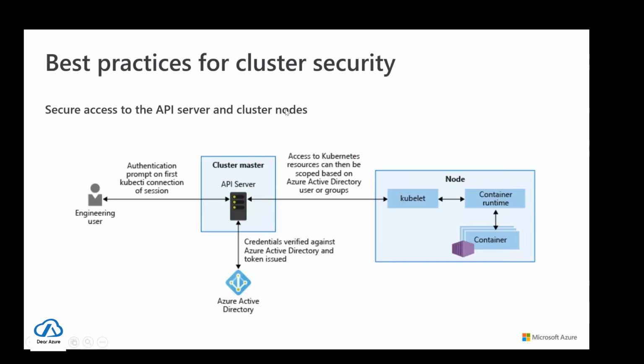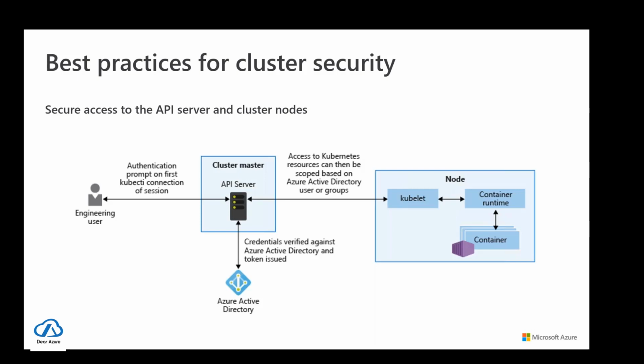And one of the last slides I have is around cluster security. There are a few things to keep in mind when securing a cluster. And of course, you understand this is one of the most important things that you can do when you want to secure your AKS deployment.